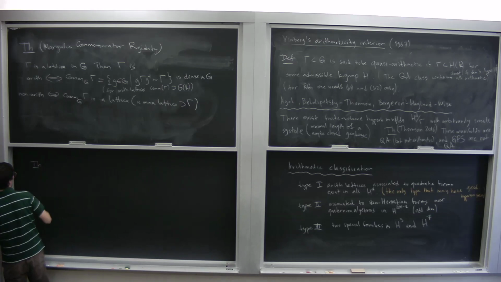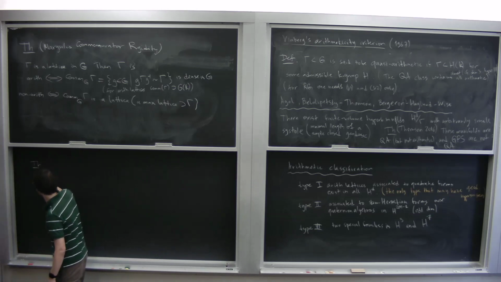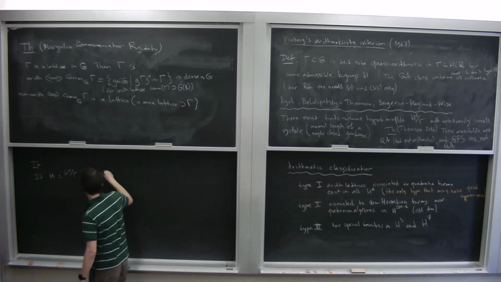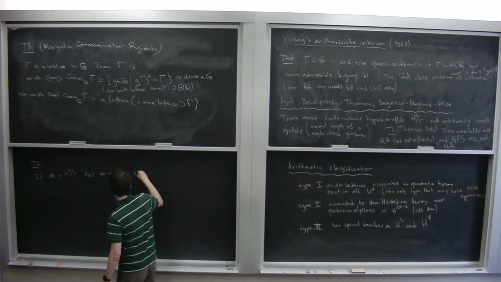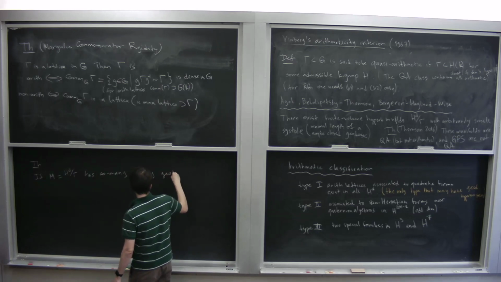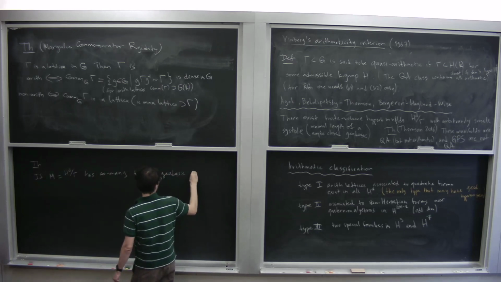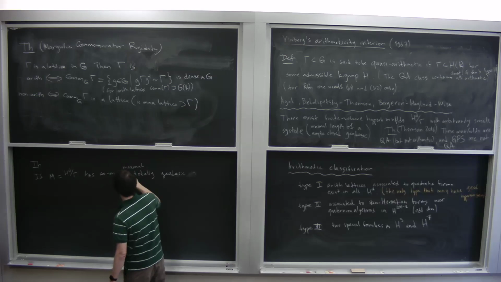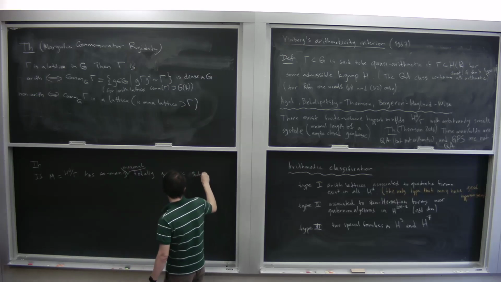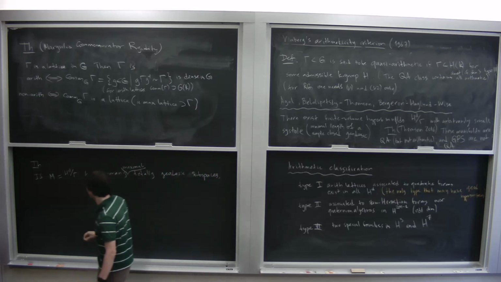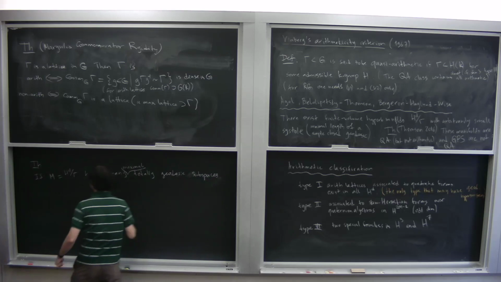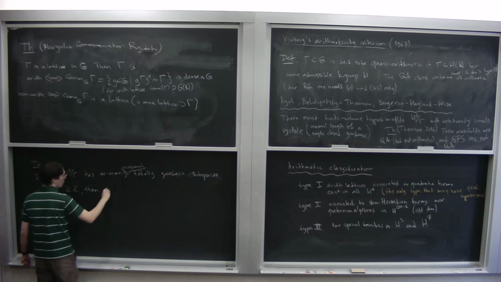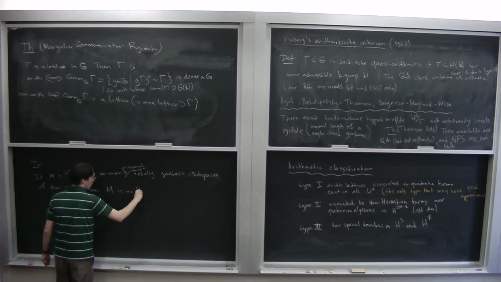One recent theorem is that if M = H^d mod Gamma has infinitely many maximal, this is important, totally geodesic subspaces of dimension greater than or equal to 2, then M is arithmetic.